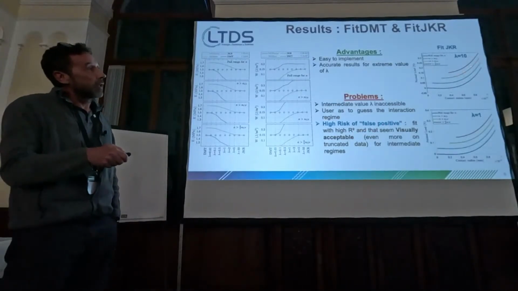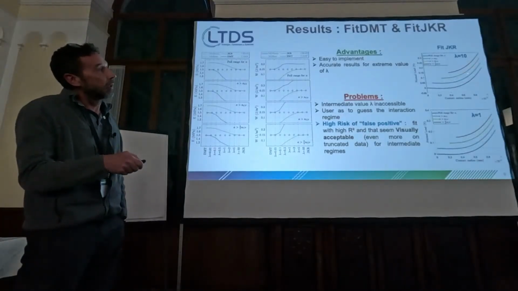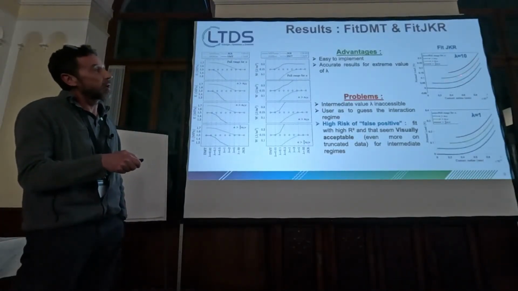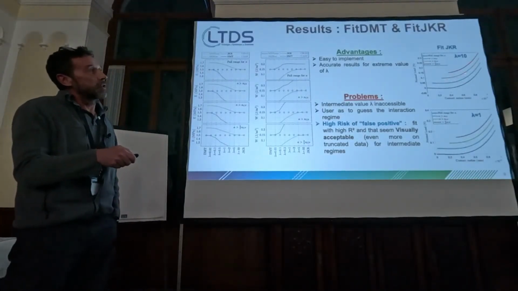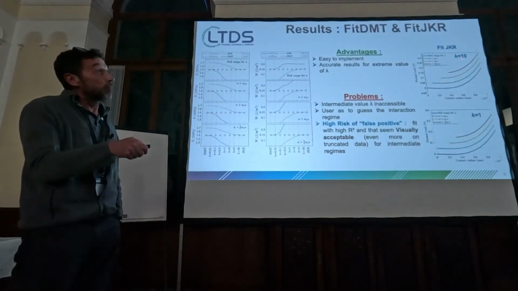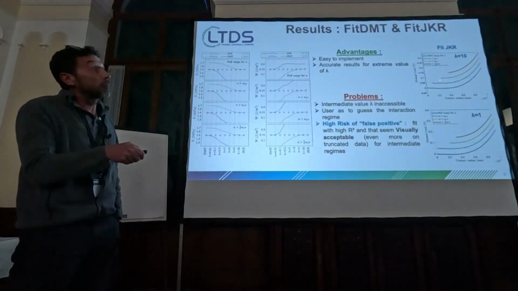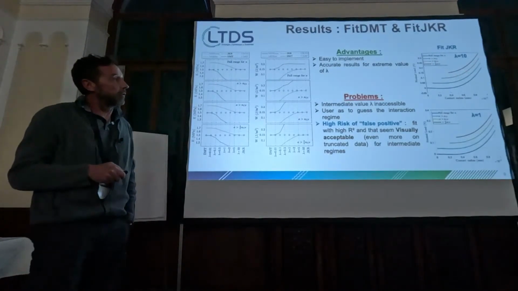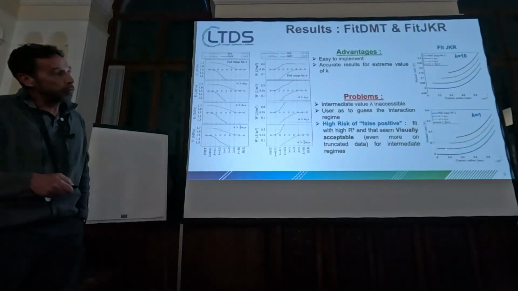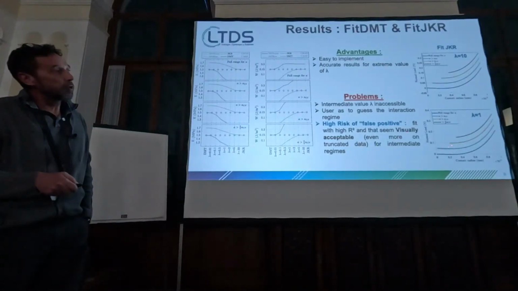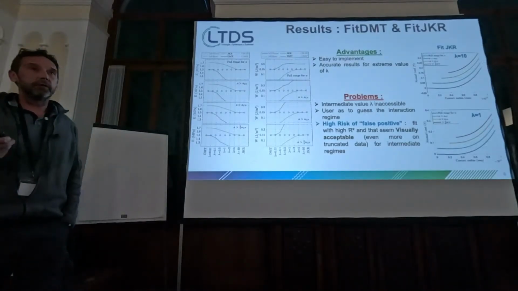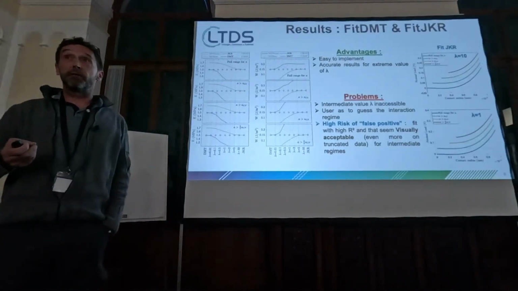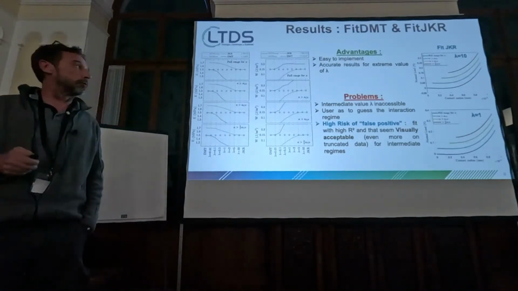Here you see, as a dashed line, the fits that are performed. You see that the fit for the GKR model works quite well at large lambda value. But if you look here, when you have truncation, you can see that the fit seems correct. If you look at your R square, the R square is really high, really close to 1.